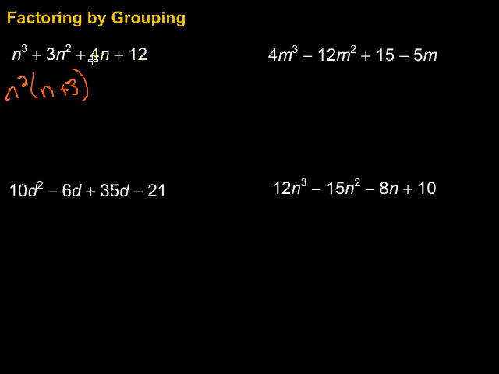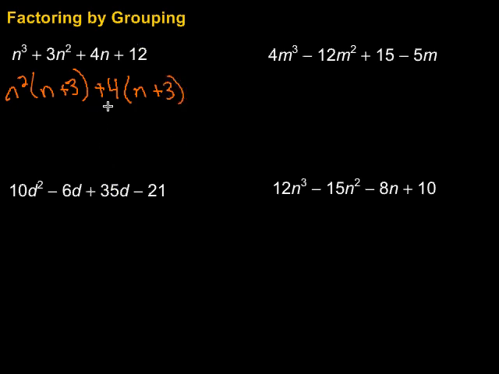In this case it does. We can take that 4 and that'll go into 12, so we can take a 4 out. In terms of the variables, we've got an n here, but there's no n there, so we're not going to be able to pull out a variable in this case. So we're just going to take out a plus 4, and then 4n divided by 4 is going to be n, and 12 divided by 4 is going to be plus 3.